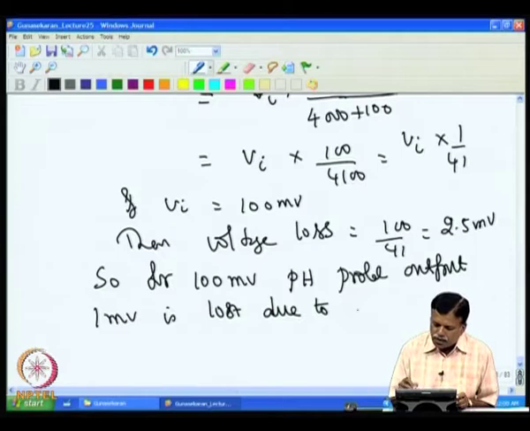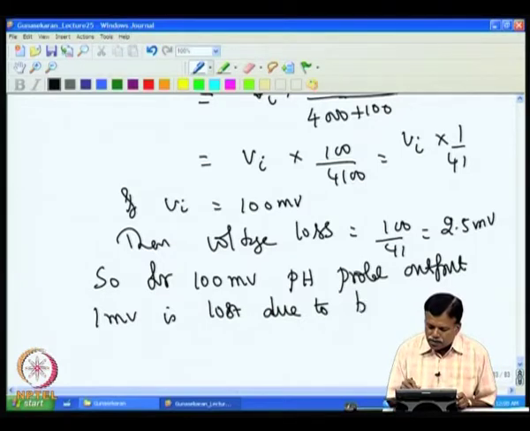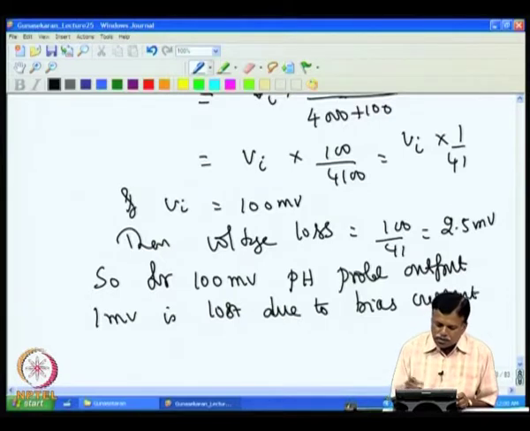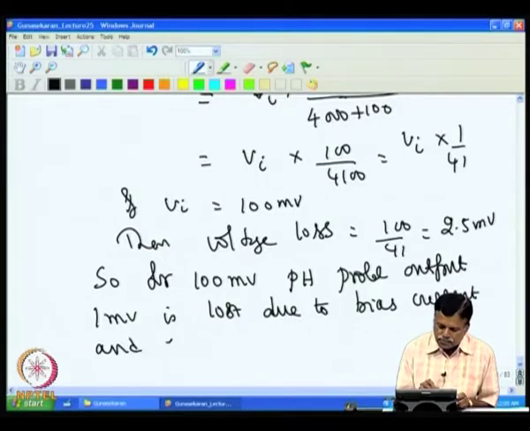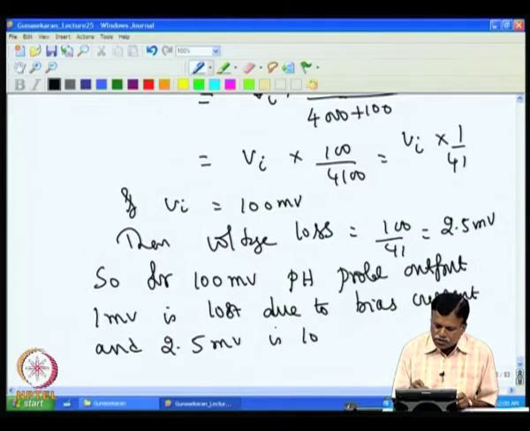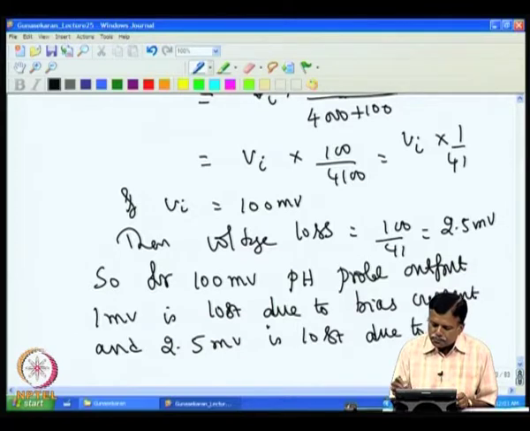So, for a 100 millivolt pH probe output, 1 millivolt is lost due to bias current, and 2.5 millivolt is lost due to input resistance.